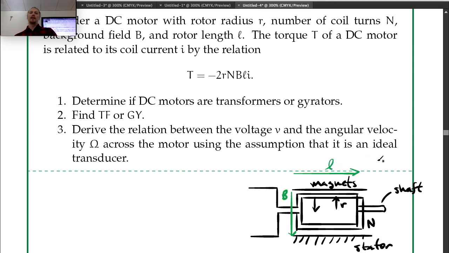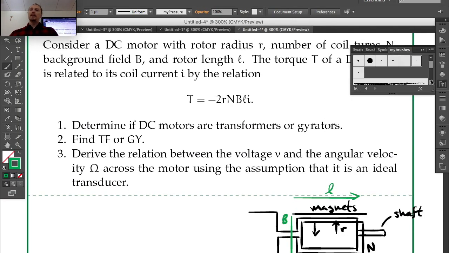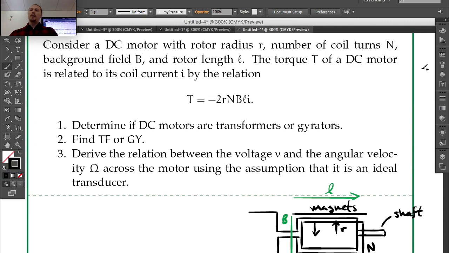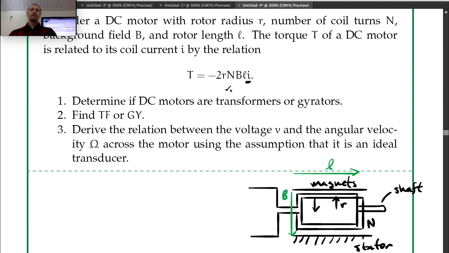So those are all aspects of this relationship between the current on the electrical side, I, and the torque on the rotational mechanical side.